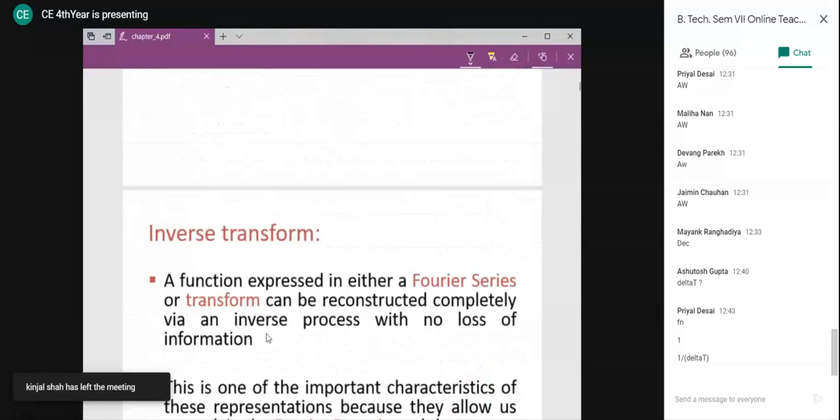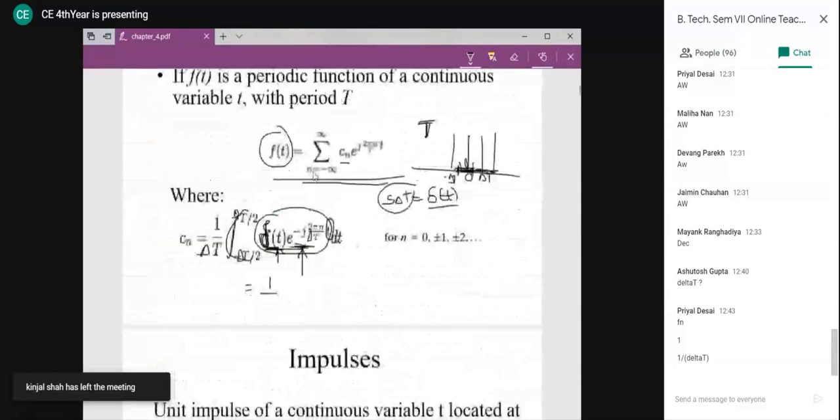I think everyone should be clear there. That Cn value should be substituted here. So what is my Fourier series? My Fourier series is the summation of 1 by delta t and this exponential, where here also it will be delta t. So Cn is 1 by delta t.